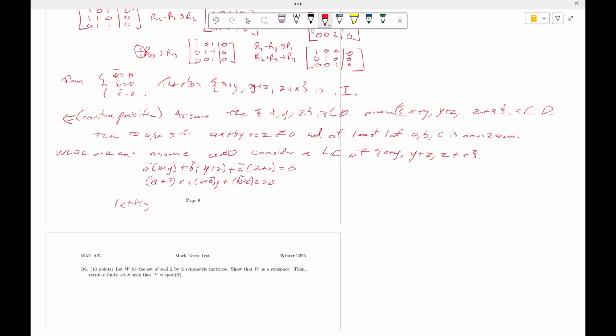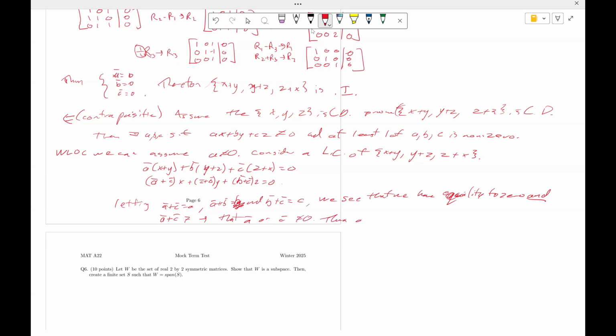Letting a bar plus c bar equal a, a bar plus b bar equal b, and b bar plus c bar equal c, we see that we have equality to 0, and that a bar plus c bar is not equal to 0, which implies that a bar or c bar doesn't equal 0.